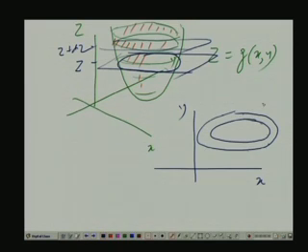So, probability of z lying between z and z plus dz is what? That is the same as the probability of this x comma y pair lying in this region. What is the probability?